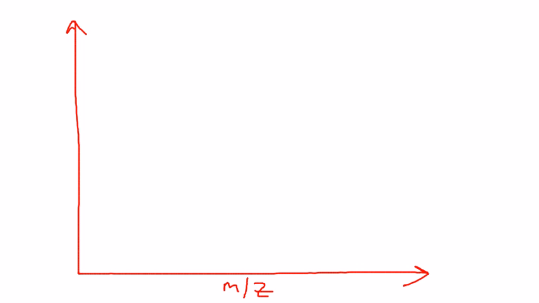What you have on the y-axis is abundance. And you could get a lot of peaks. So let's say you have 0 here, 10, 20, 30, 40, 50.